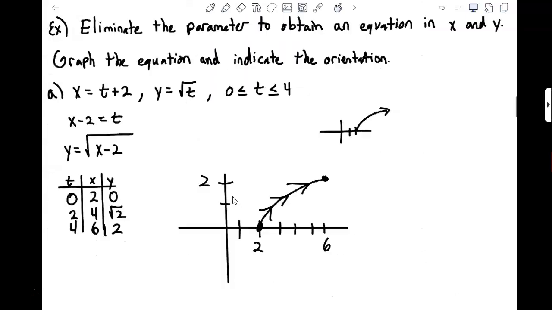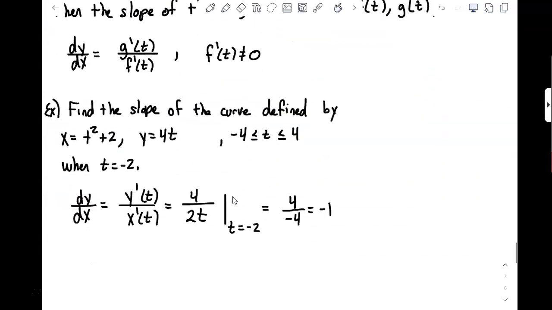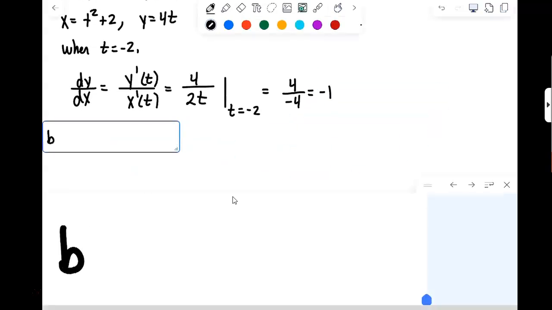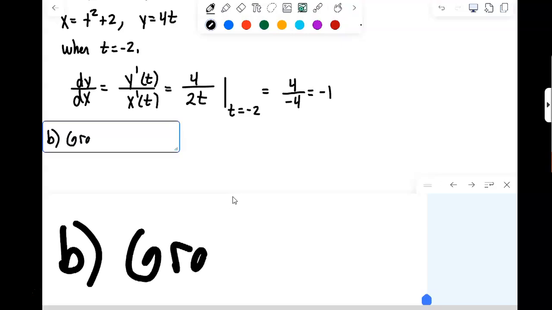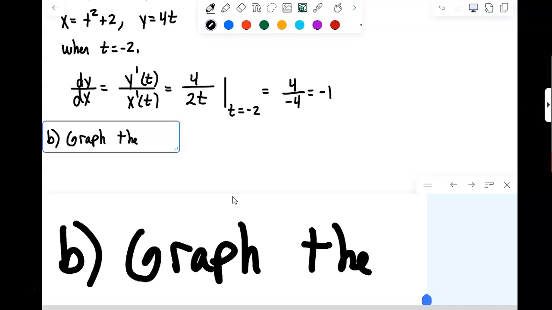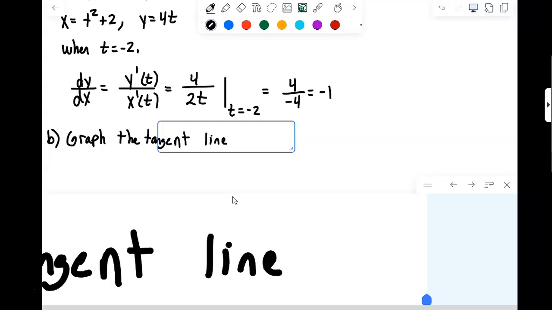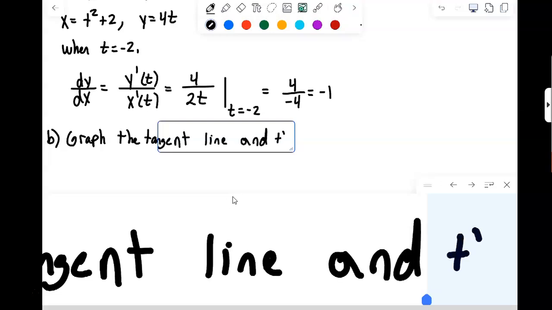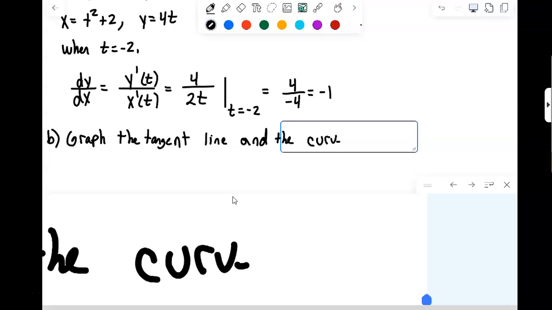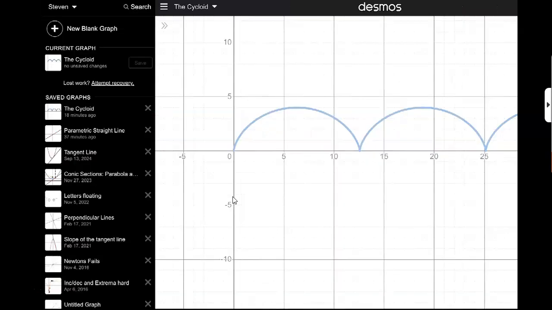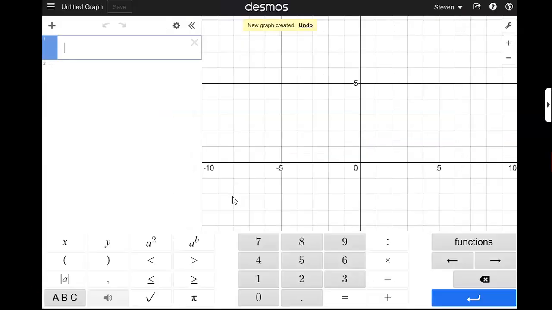Now, let's continue a little bit further with this and graph the tangent line and the curve together. I'm just going to do this on my Desmos app because it's much quicker, especially since we've already graphed the curve previously.